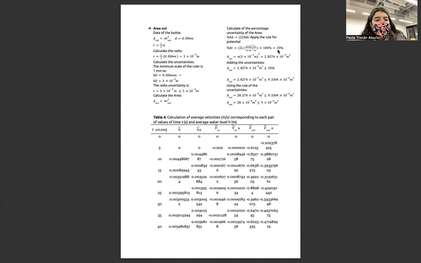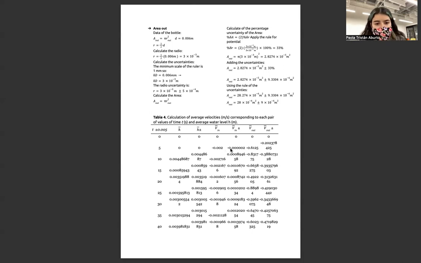So we have the 33%. Then we have to put this together. When we calculate the area, then we have the uncertainty. And using the uncertainties rule, we have this result.